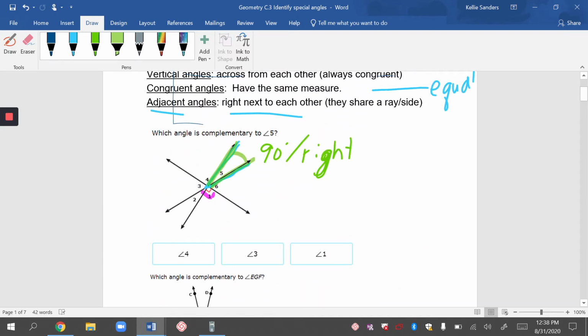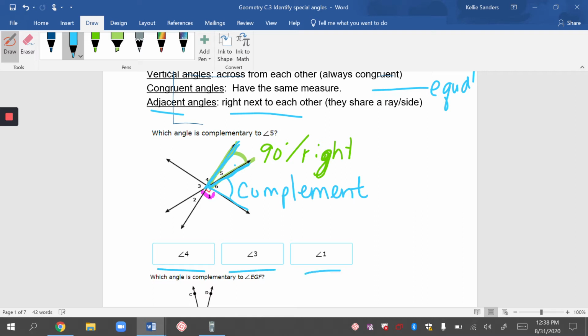Sorry about that. So then angle 6 would be its complement. Okay? Angle 6 is a complement to angle 5. But angle 6 is not a choice.